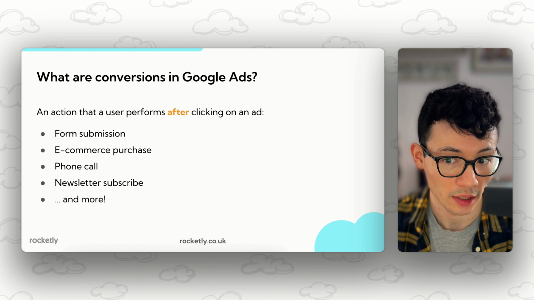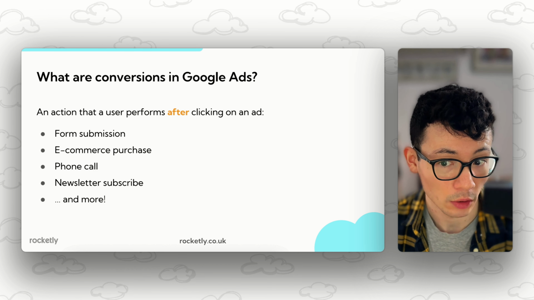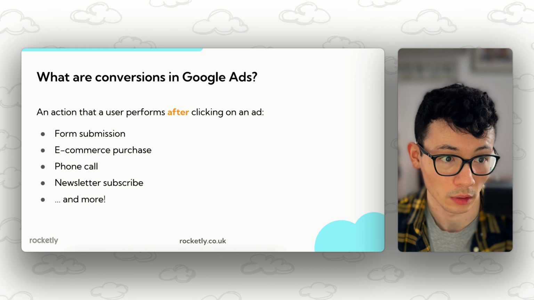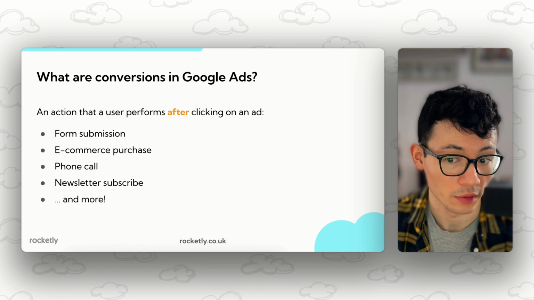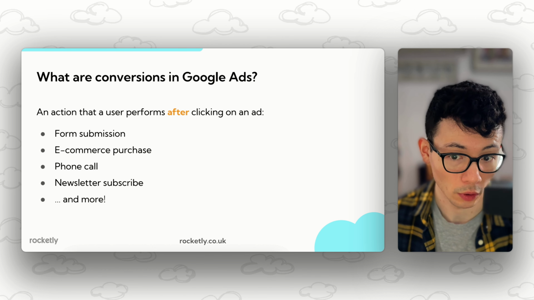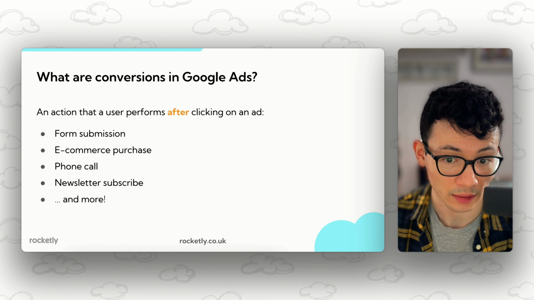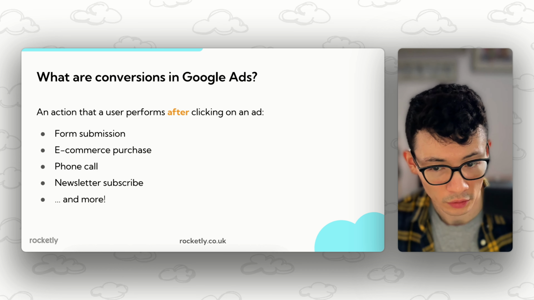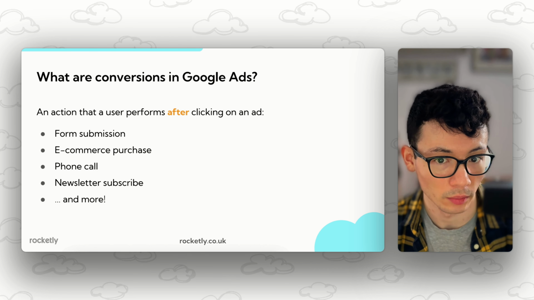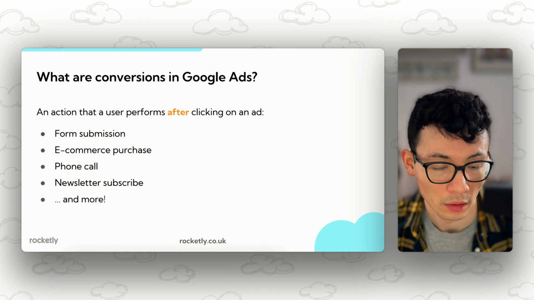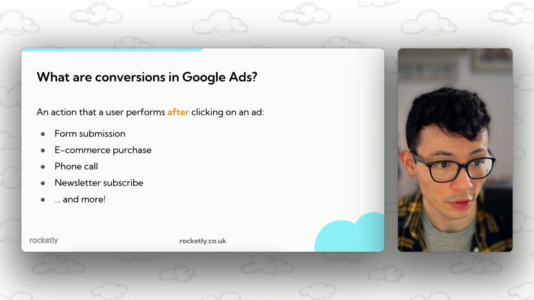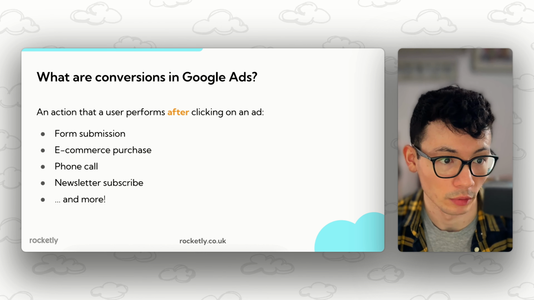A conversion action could be a form submission, an e-commerce purchase if you are an online store, a phone call if they click on the phone number listed on your website, a newsletter subscription if you have your own mailing list, and much more. Those are some of the common ones you normally see being tracked for businesses inside Google Ads, but the scope of a conversion action can be really broad.